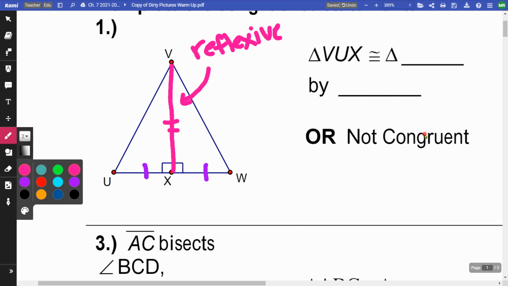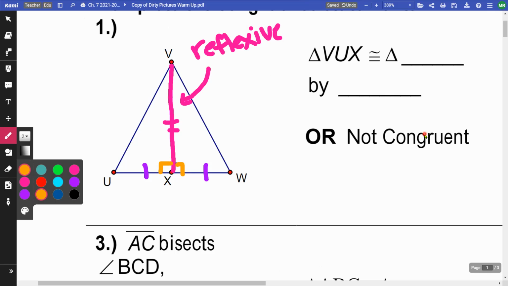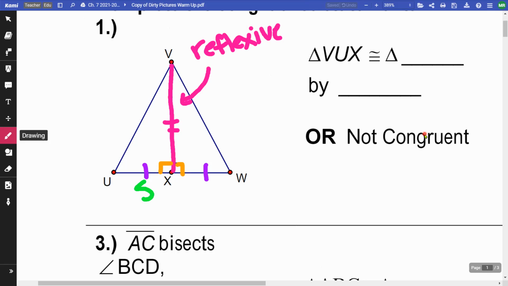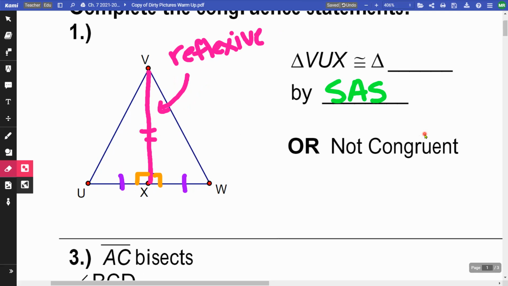So looking at this, I also have this right angle. So these two triangles are congruent because of, I'm just going to write this in green, side, angle, side. Side, angle, side. That's the reason that these are congruent, okay? Now, when we say that triangle VUX is congruent to triangle, we need to make sure that we match things up.